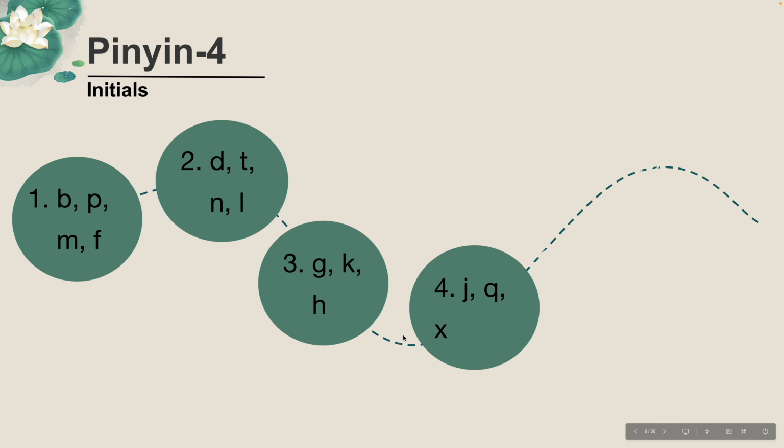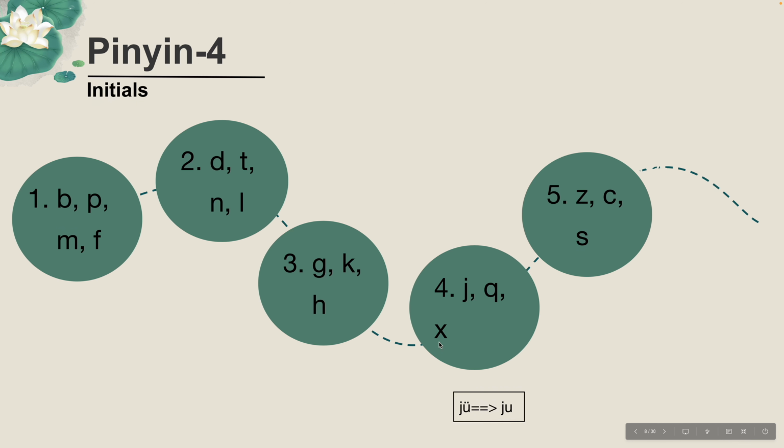The fourth group are the palatals, 舌面音, ji, qi, xi. They end with the final i sound. Something special about them is when ji, qi, xi are combined with yu or a compound final starting with yu, the umlaut is omitted and the yu appears as u.